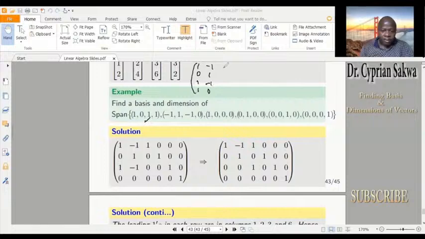And then this other one will be 1 with three zeros. That is the third one. Coming to the fourth one, 0, 1 with two zeros. Then the other one is 0, 0, 1, 0.